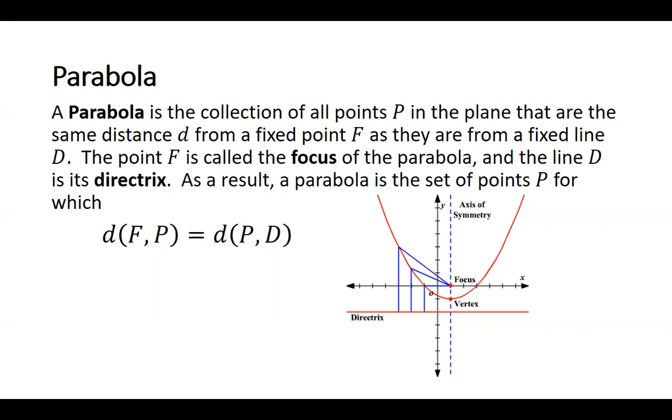And you can kind of see, remember I talked about the reflection for a parabola, that if you had a little bulb at the focus, at a single point, and the light were to go from there and hit the parabola, it would then get reflected such that all the reflections were parallel.